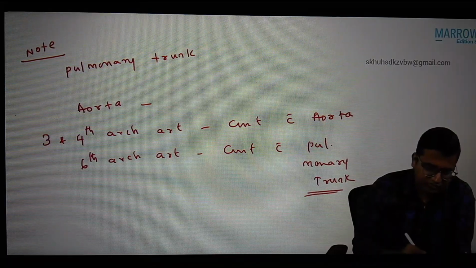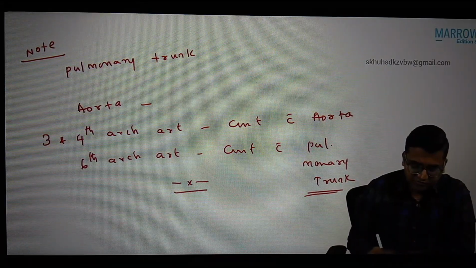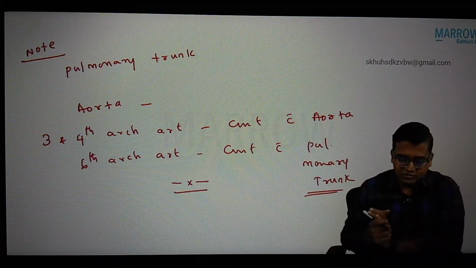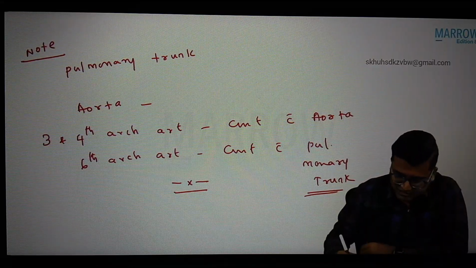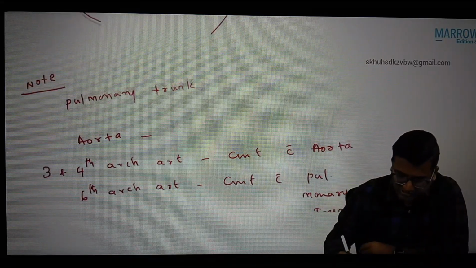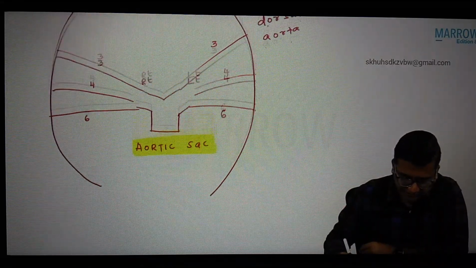So this thing you have to know. Third and fourth arch arteries are continuous with the aorta, and the sixth arch artery is continuous with the pulmonary trunk. Just know this point.